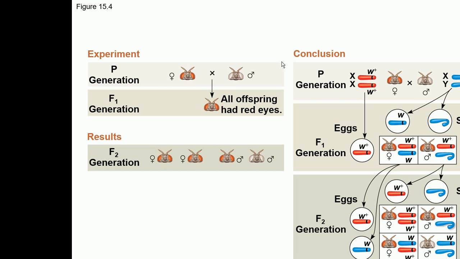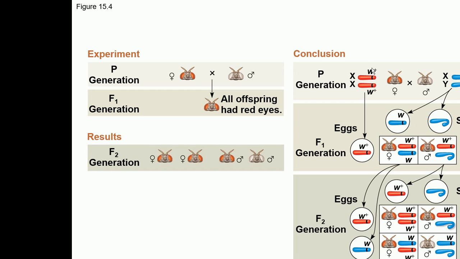So these are the two sex chromosomes in the female fly. Both are X. The allele present on one X chromosome is a normal allele, designated as W+. And on the other X chromosome, the allele is also the normal allele, W+.